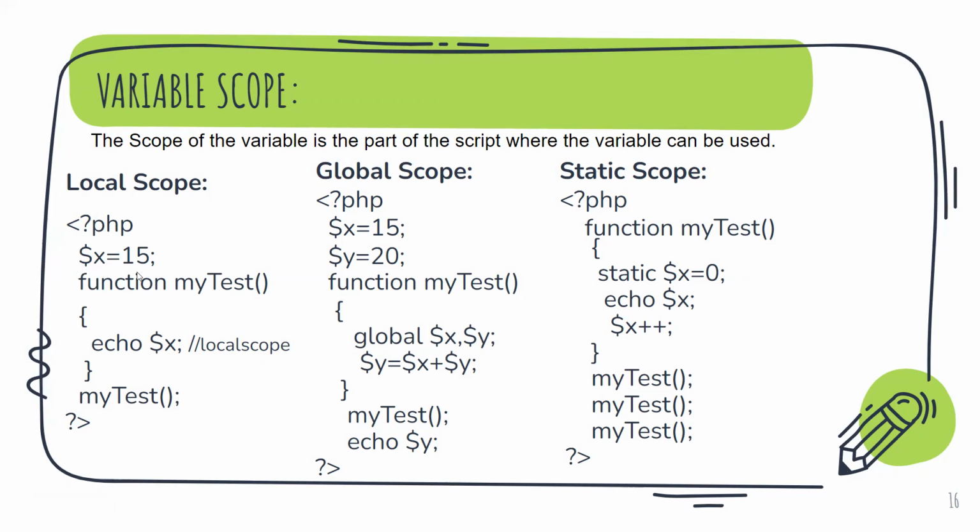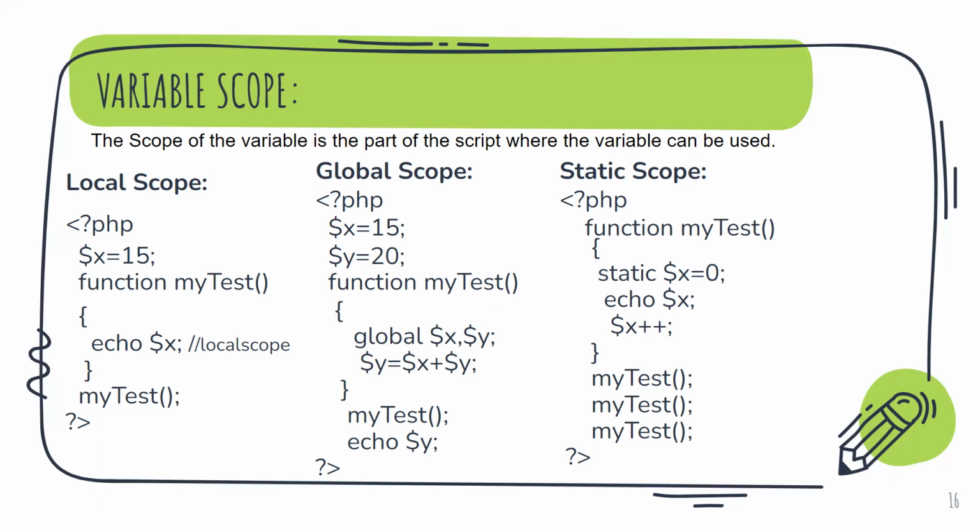Now I've declared x equal to 15 in this PHP block. However, if I try to print that variable within my function, it throws an error because we did not mention the x variable within the function block. We just mentioned it above it.